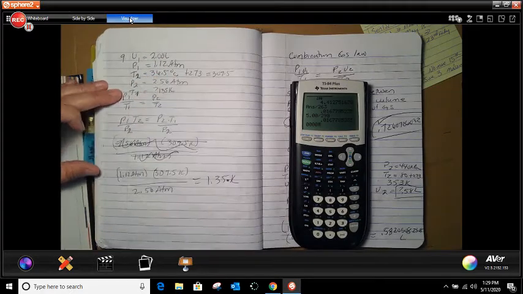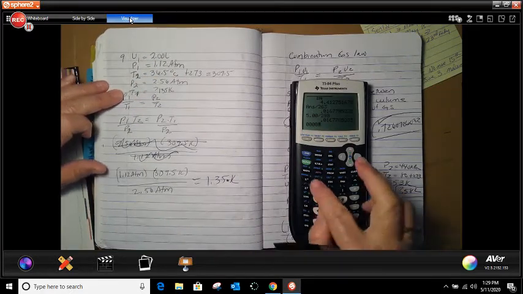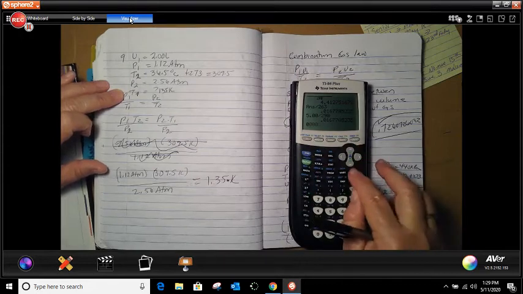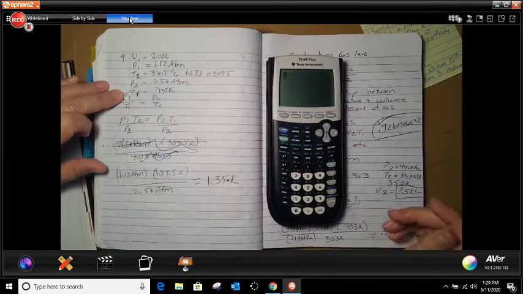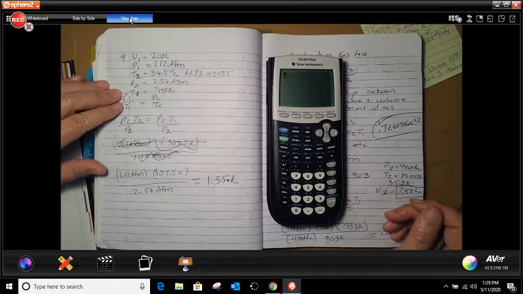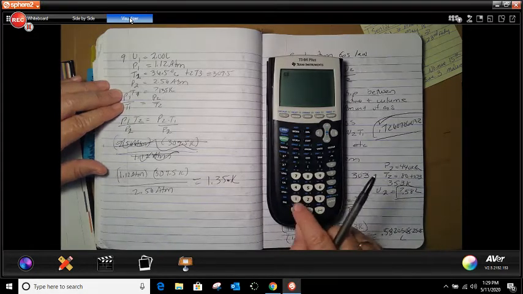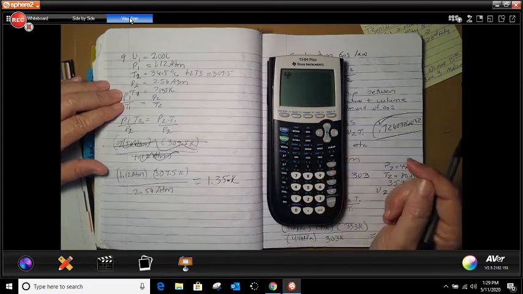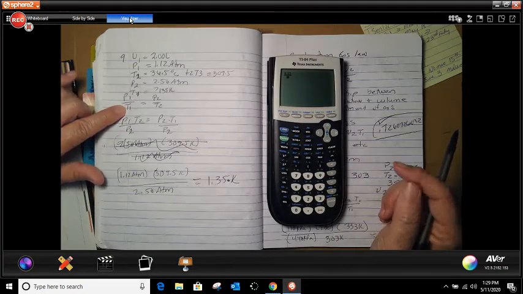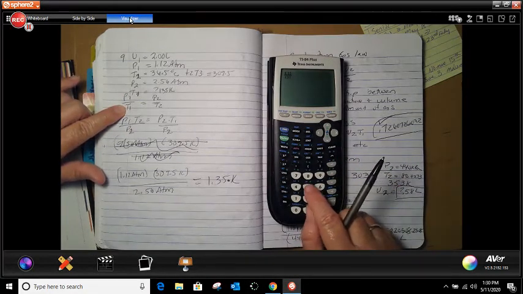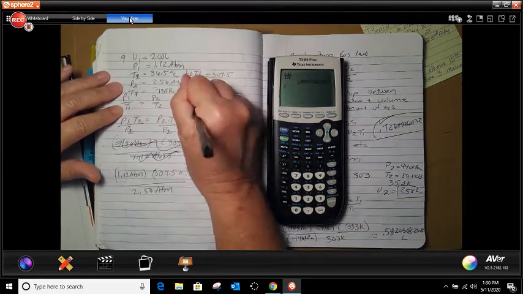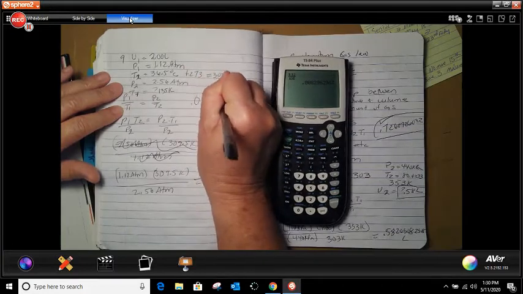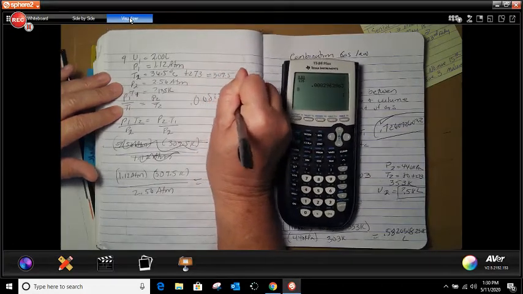135 degrees Kelvin. So let's clear this and go to alpha Y, enter. I need to take my pressure 1, which is 1.12, and divide that by my temperature 1, which is 135 degrees Kelvin. I get 0.0082962963.